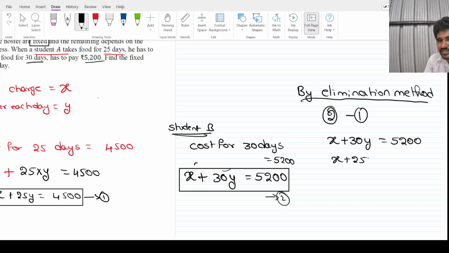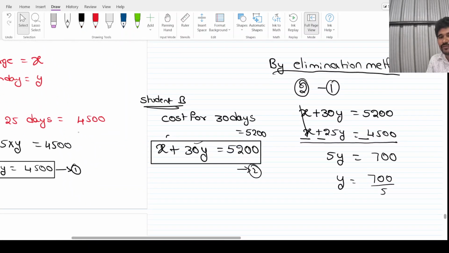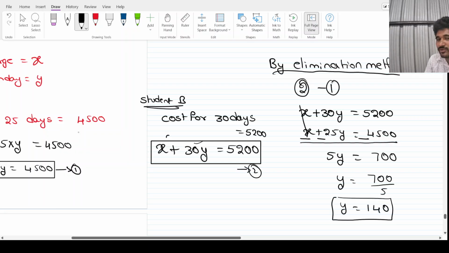X plus 25Y equal to 4500. Subtract: X cancels, 30 minus 25, 5Y equal to 700. Y is equal to 700 by 5. How much will it come? 140 rupees. Is that clear?